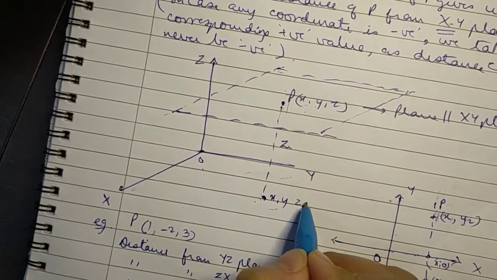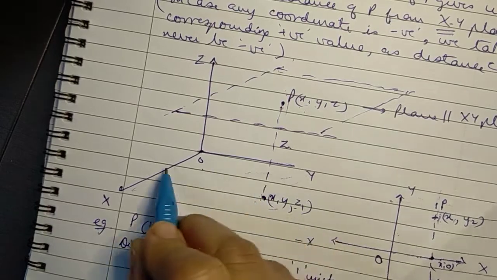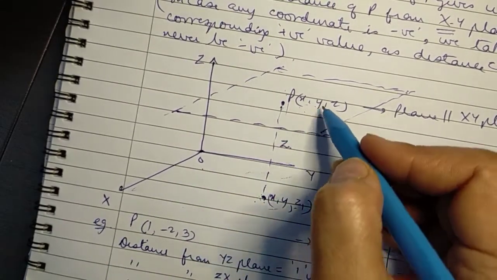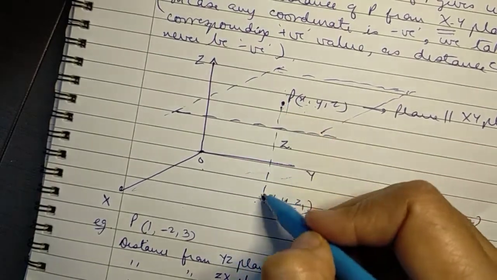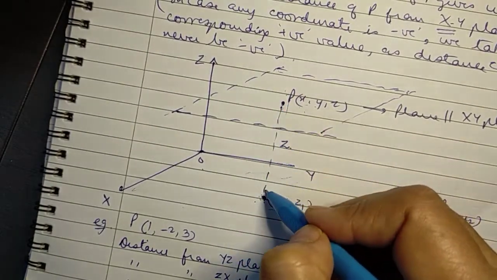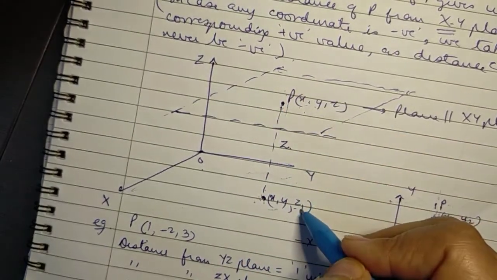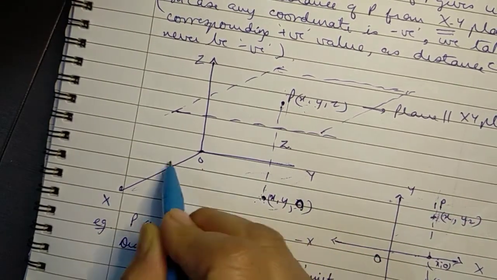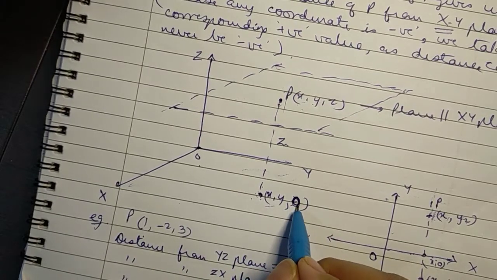In particular, if it lies on the xy plane, we know the z coordinate is 0.